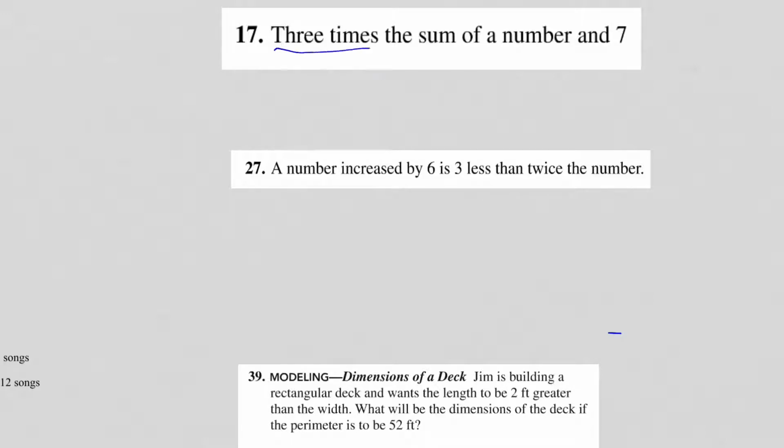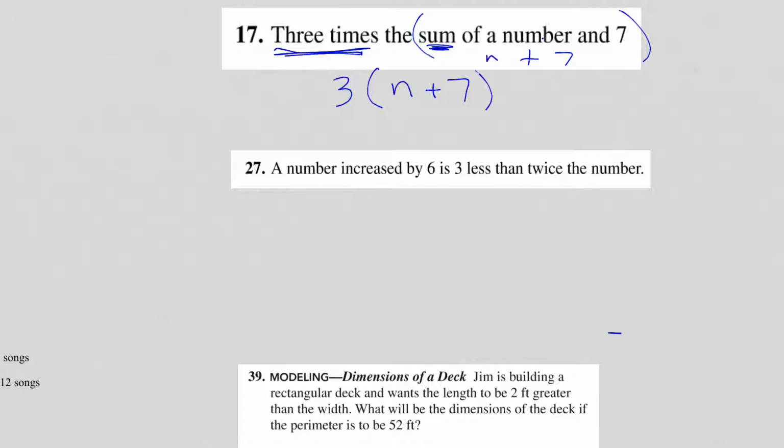So we're going to translate this. 3 times, well, 3 times what? Here we have a quantity, and that quantity is the sum, which is plus, a number and 7. So this is going to be 3 times the quantity n plus 7. Okay, so that's a little tricky. If you don't put the parentheses, it is incorrect. So be careful with that one.